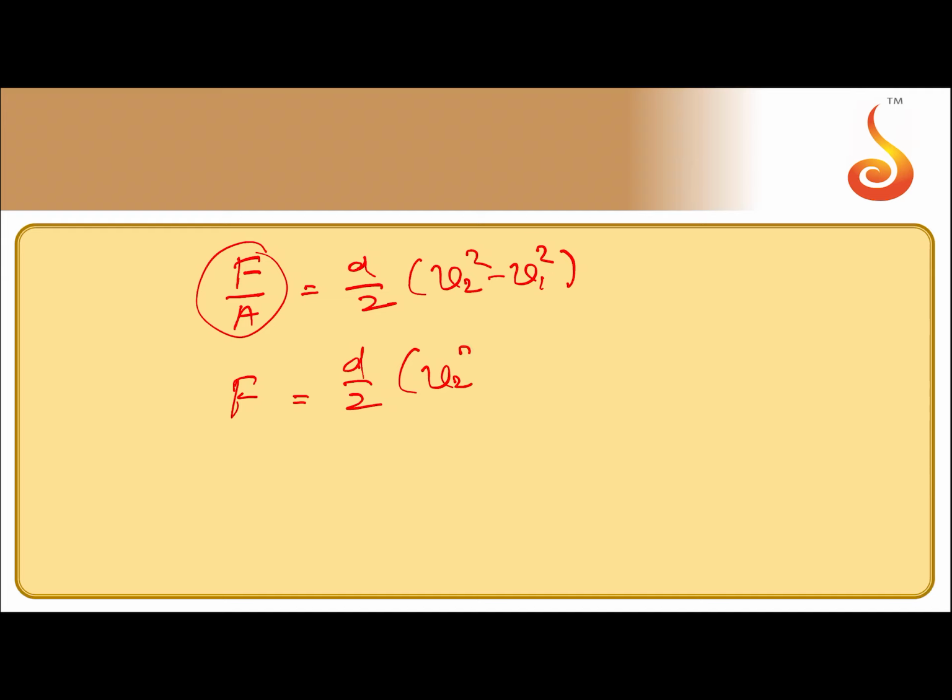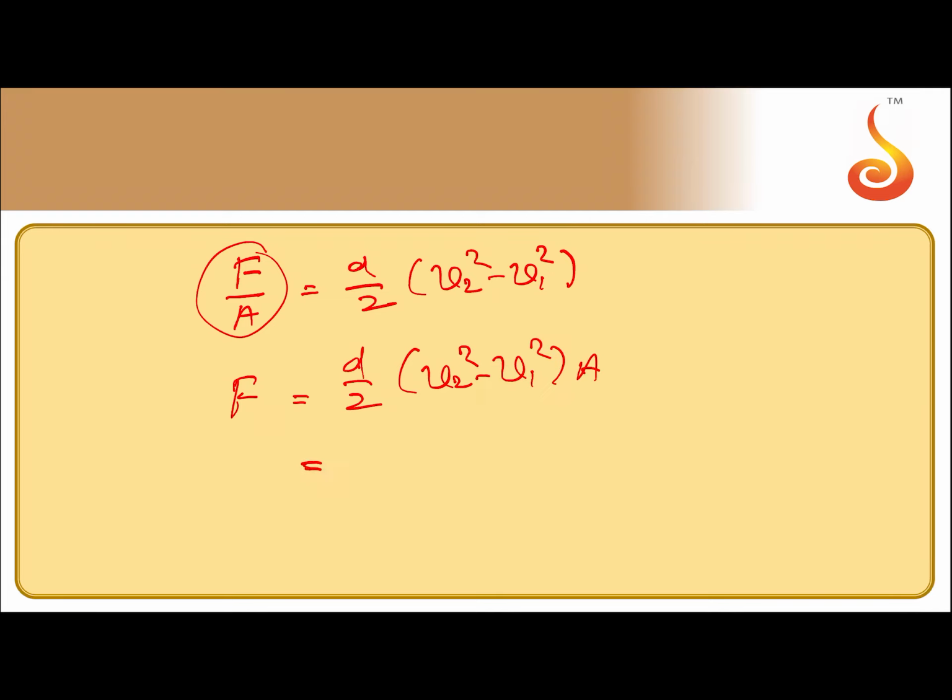Again, the dynamic lift is given by F by A, which is d by 2 into (V2 square minus V1 square). So the dynamic lift experienced, that means force, is d by 2 into (V2 square minus V1 square) into A.